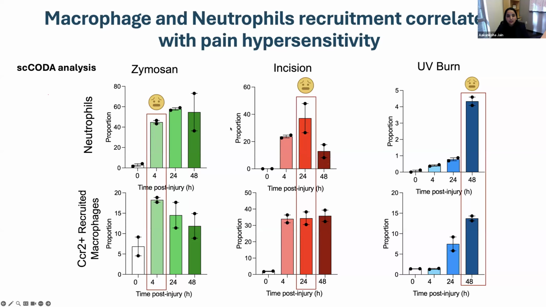It was at 4 hours for Zymosan, 24 hours for incision, and for UV burn, both macrophages and neutrophils took almost 48 hours to reach their max, which is where we saw pain hypersensitivity, suggesting the recruitment of these cell types that we found by single cell sequencing is mirroring the pain hypersensitivity development.